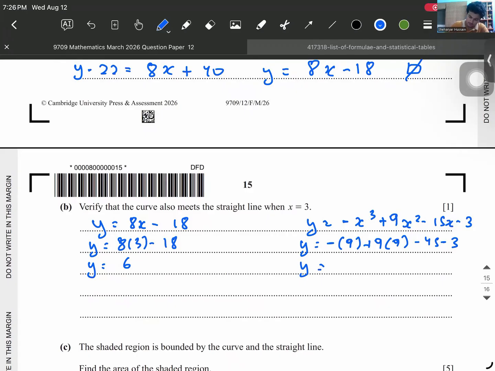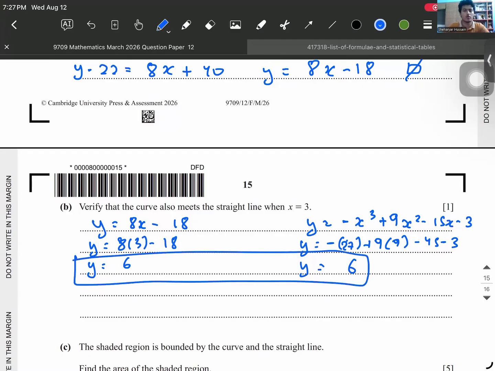So wait, 3 cube is 27. My bad. Let's change this to 27. So the value that we are getting here is again 6. Hence we have verified this.